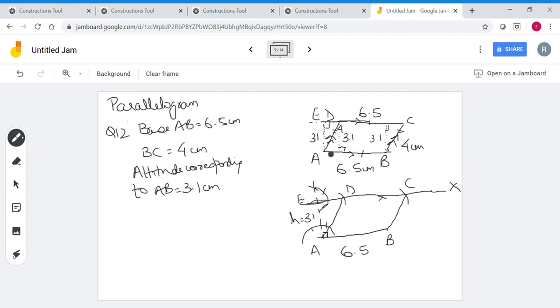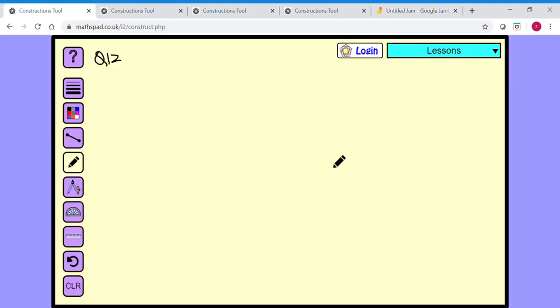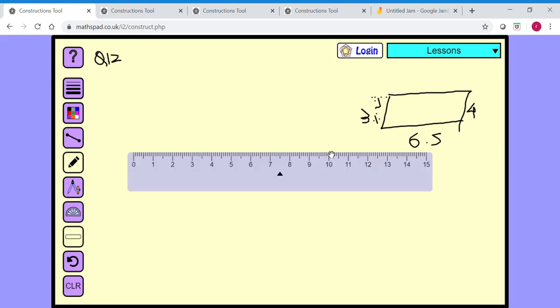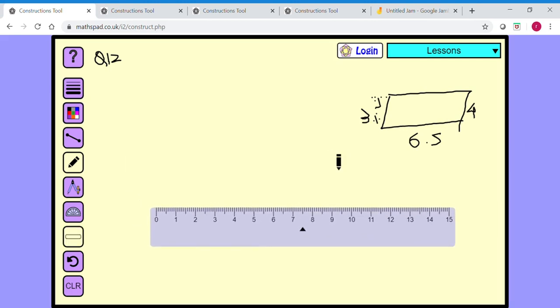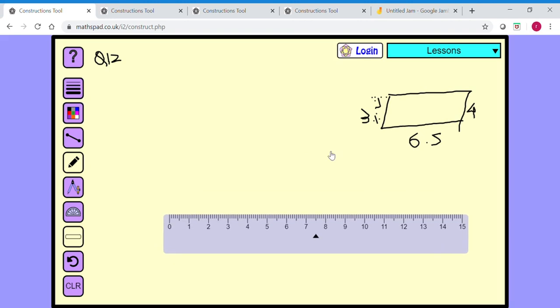Now let's go ahead and construct. So let me just draw a rough diagram for my reference. This is 4, this is 6.5, and the height is given as 3.1. Perfect. So let me start with constructing AB first, and my length is 6.5.